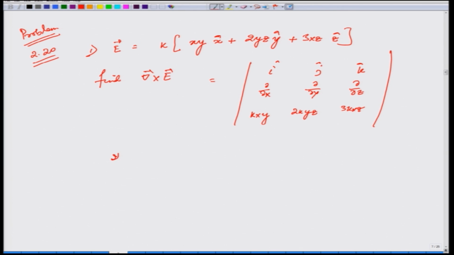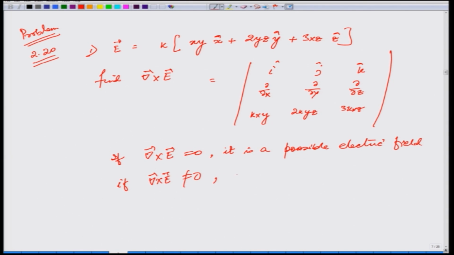If the curl of E is 0, then it is a possible electric field, and if the curl of E is not equal to 0, then it is impossible.